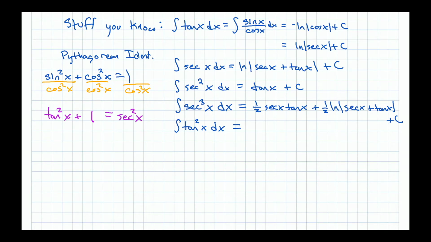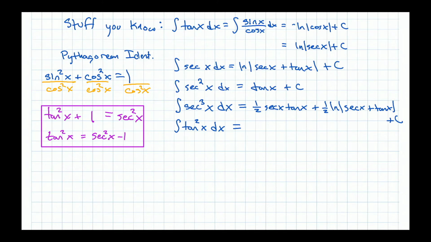Of course, you can use it the way it's written right here, but you could also rearrange it a little bit, move the 1 to the other side, and have tangent squared x is secant squared x minus 1.